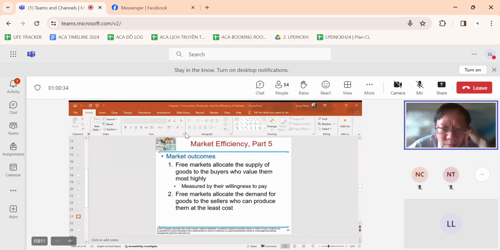Group six, you are presenting market efficiency. Now keep moving.